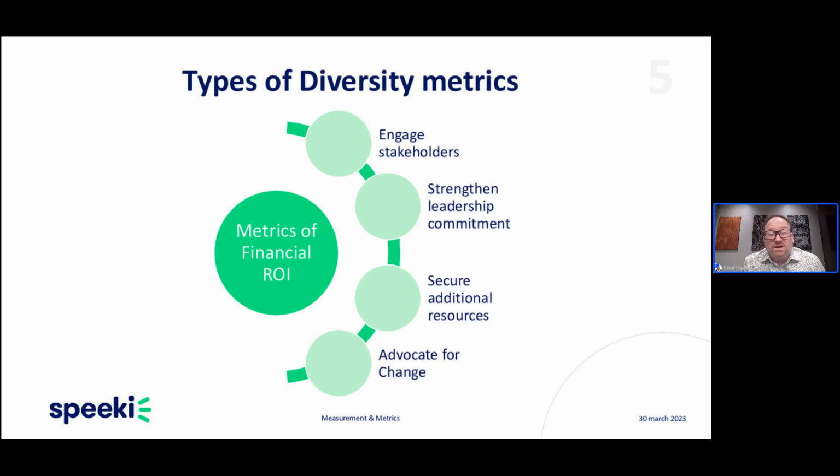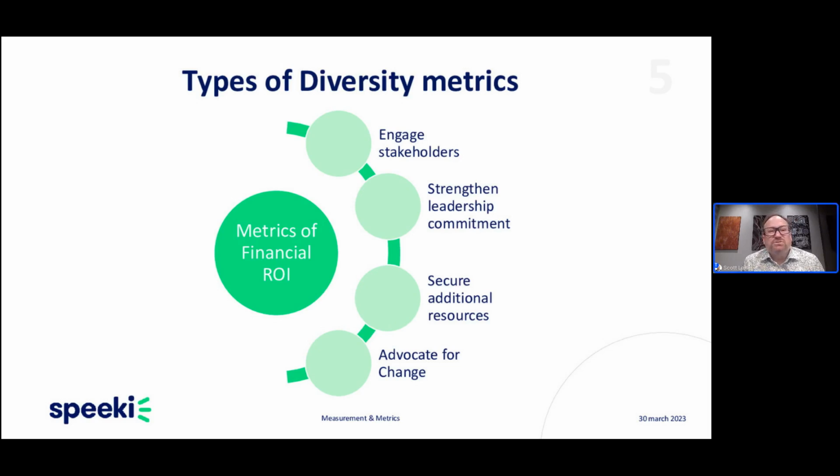Those metrics can strengthen the leadership commitment that leadership gives to the ESG program. Those metrics may give rise to you receiving additional resources, or it may help people adapt and change to a particular position or goal or objective that you've set aside as part of your program.